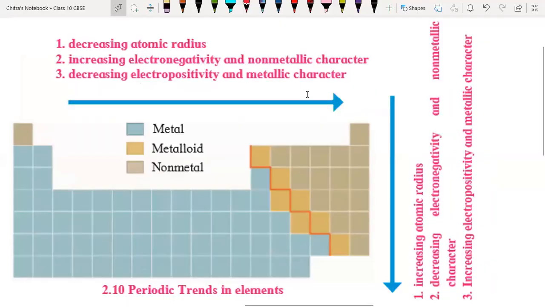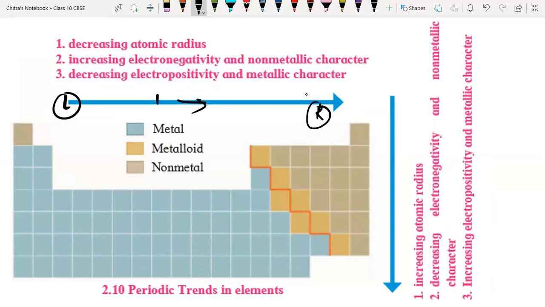Okay, so here we have the detail or conclusion of metallic and non-metallic character. First, here we have the left and here we have the right. When we are moving left to right, we are discussing the periods.